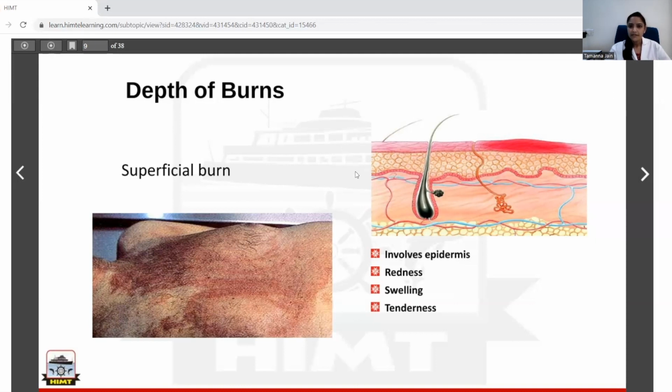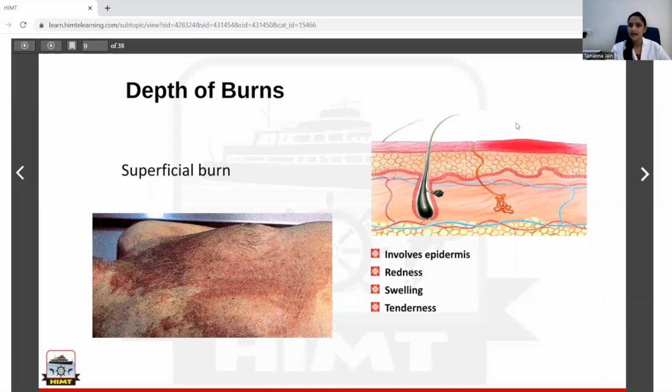Now, what would be the first aid for first degree burn? If you see the picture here, just the first layer is affected, which is red in color because of high temperature. So the first step or first aid will always be thorough cooling of the burn. Continuously, we have to pour water.